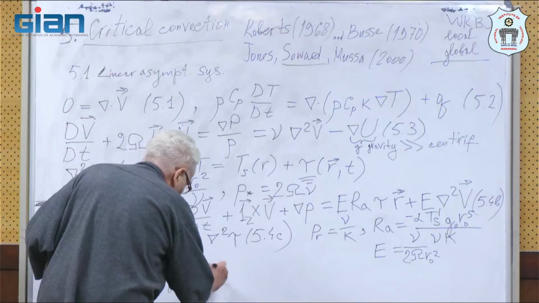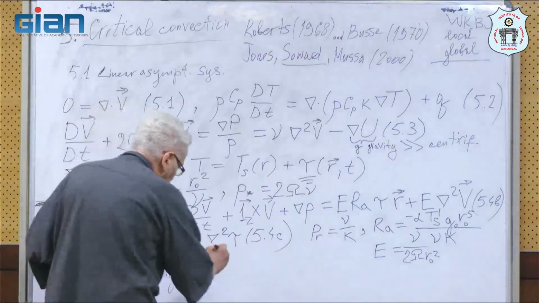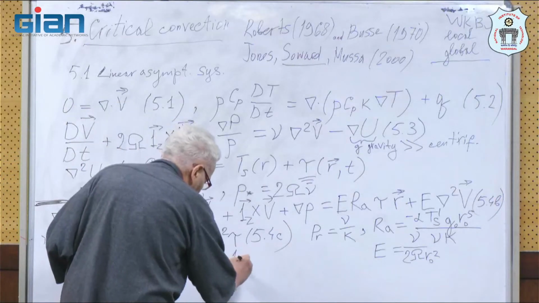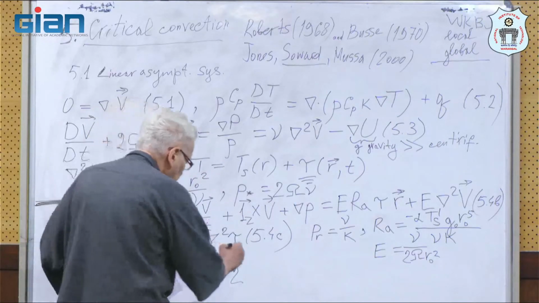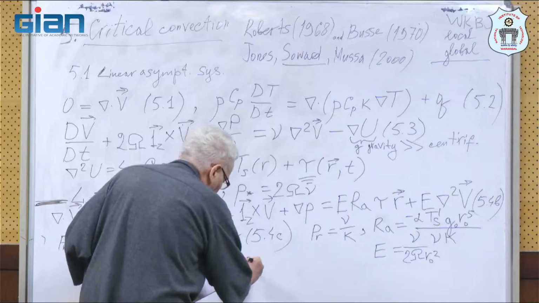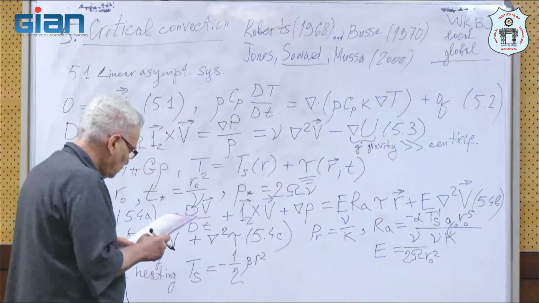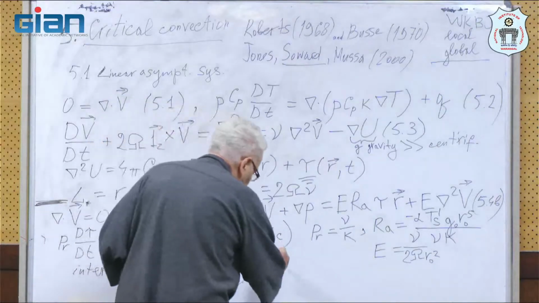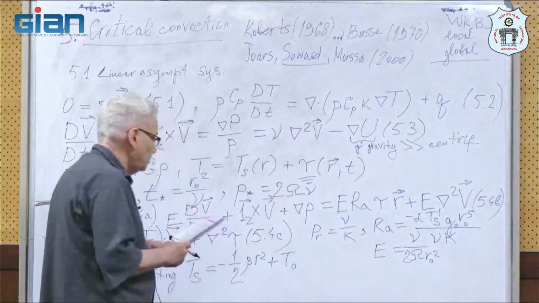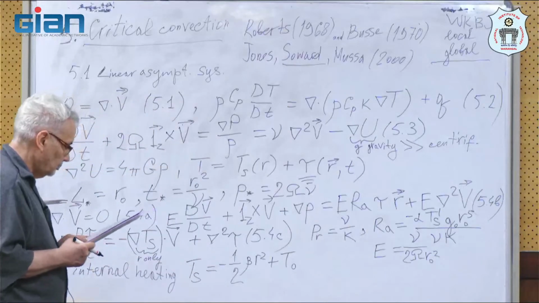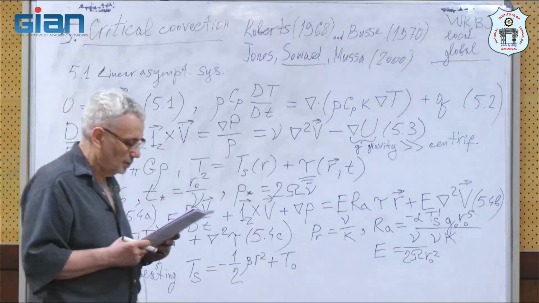Ts is equal to minus 1/2 beta r squared plus T0. T0 is the value of the temperature on the boundary.